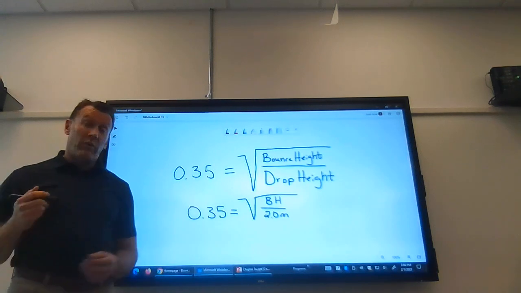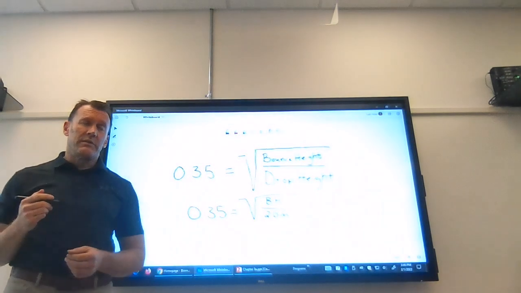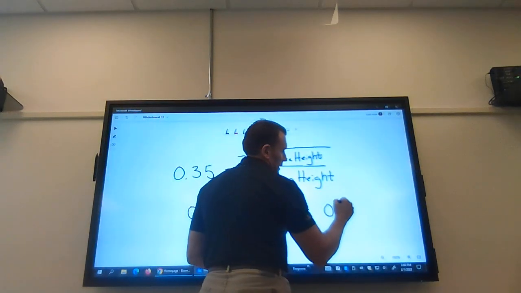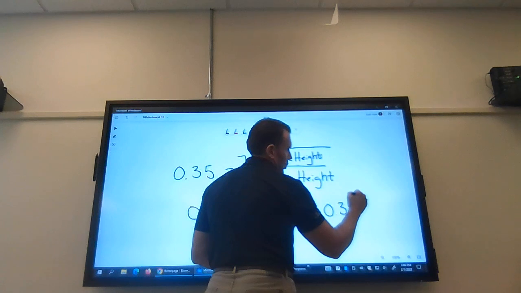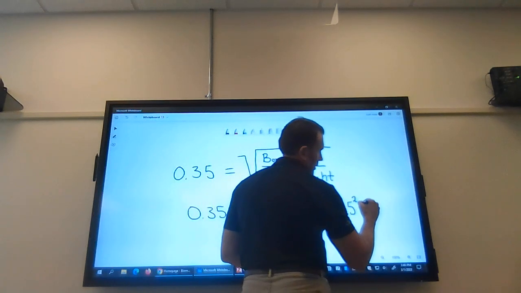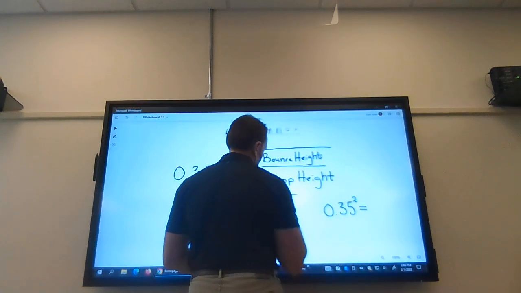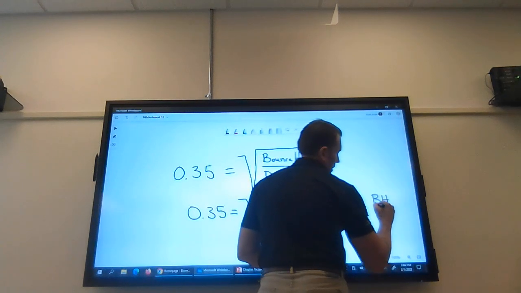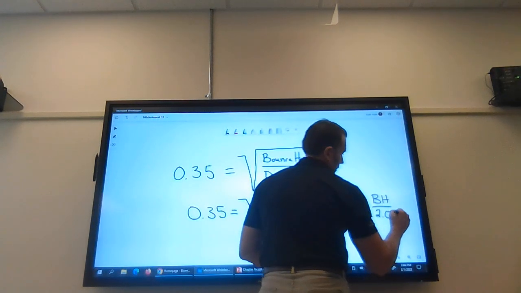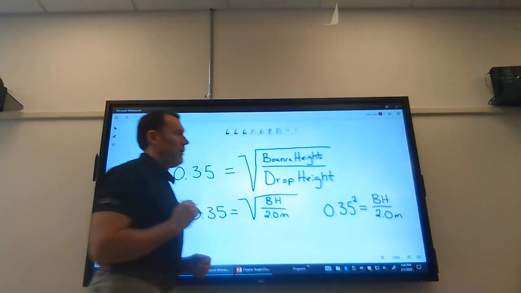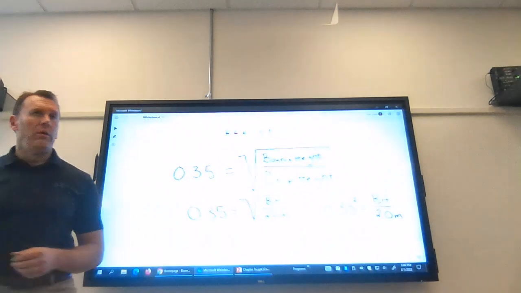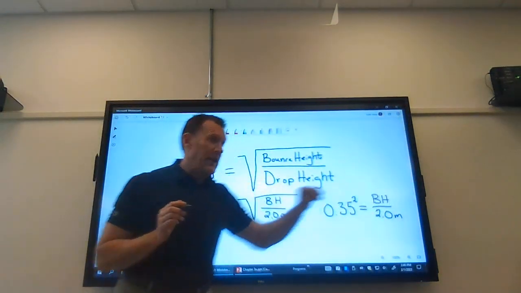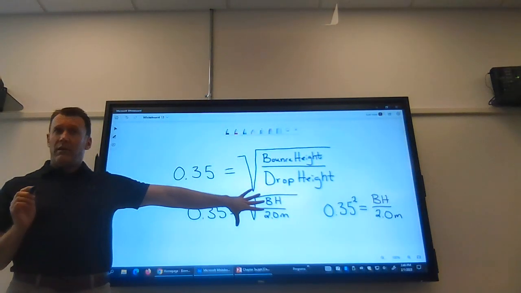So another way to rewrite that equation to solve for what you want is taking 0.35 squared, which is equal to the bounce height divided by 2.0 meters. This over here is the same thing as this.